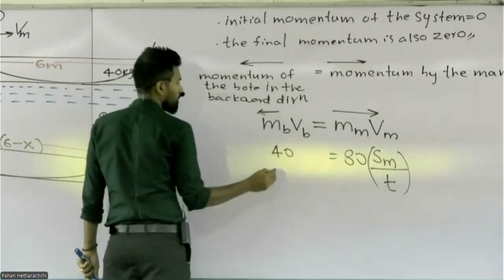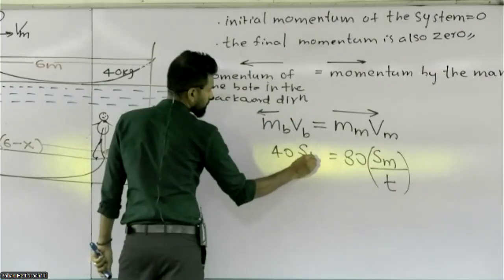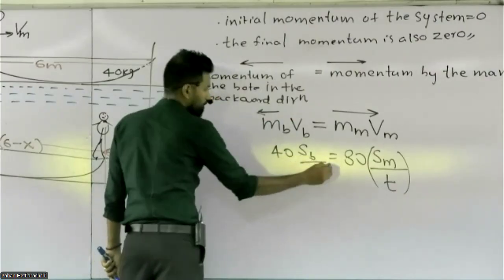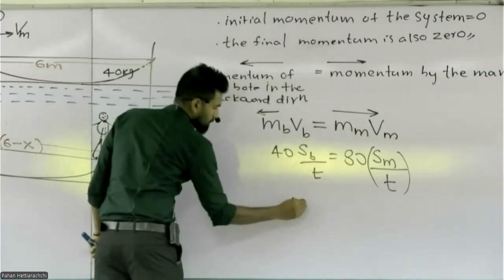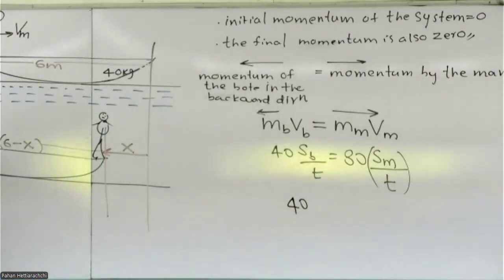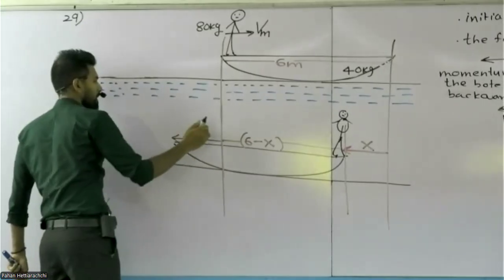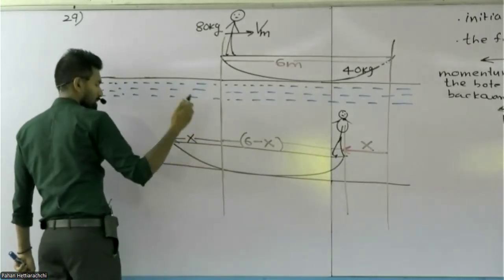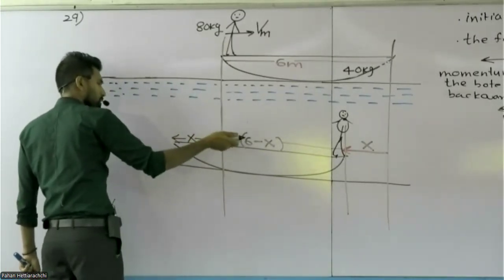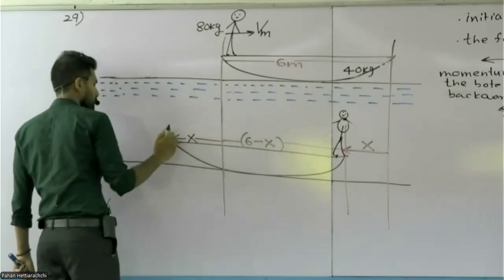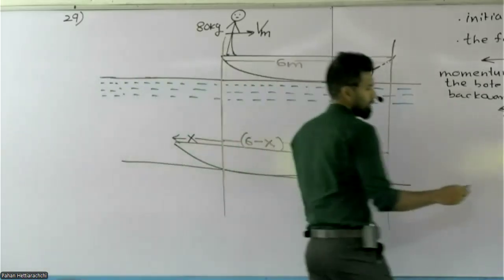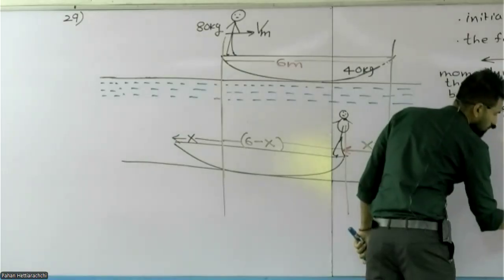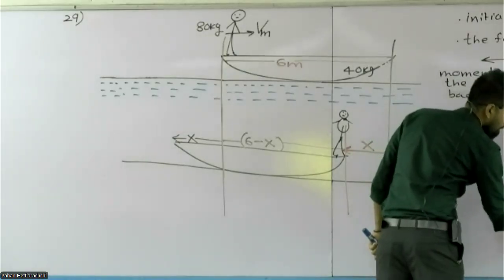Velocity of the boat is the displacement of the boat in the opposite direction over time t. I considered that displacement as x. When you run forward, your legs push the boat in the opposite direction, so the boat has moved x to the opposite side. So the velocity of the boat is x over t.